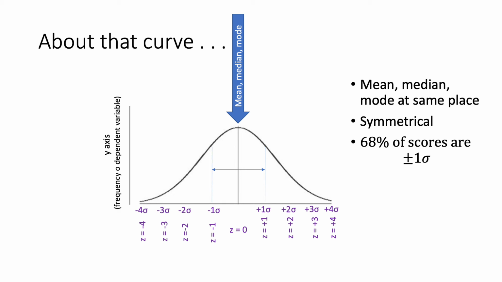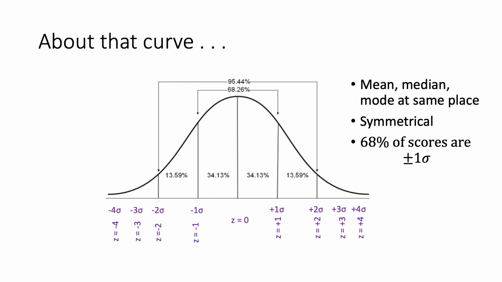Well, when data is normally distributed, you end up with over 95% of the scores within two standard deviations of that mean. So over 95% of the scores are going to fall within those two standard deviations.